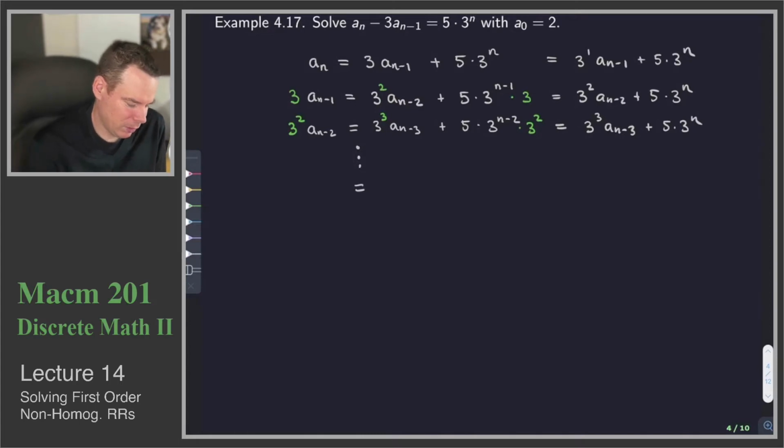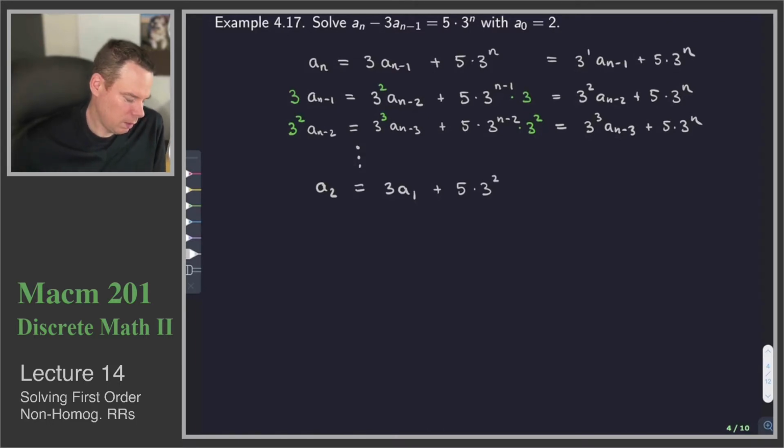And now we're starting to see a pattern emerge: we've got 3 to the power of 1, a_{n-1}, 3 to the power of 2, a_{n-2}, 3 to the power of 3, a_{n-3}. And these right-hand sides are all the same, 5 times 3 to the n. If we continue on, we'll get down to the equation a_2 is equal to 3 times a_1 plus 5 times 3 to the 2, in this case.